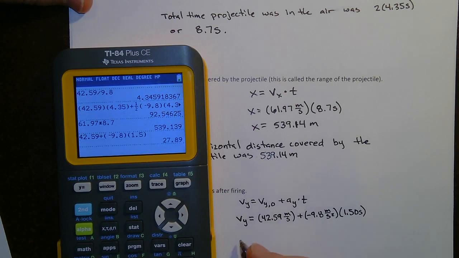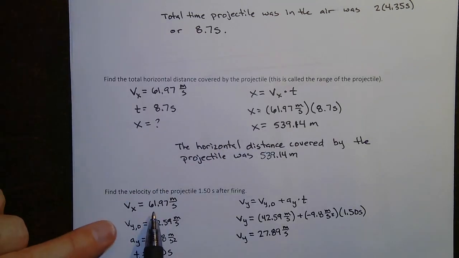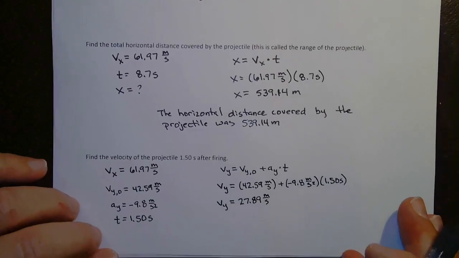And we get 27.89. So the vertical velocity is 27.89 meters per second. So it's going horizontally 61.97 meters per second, and it's going vertically up 27.89 meters per second.